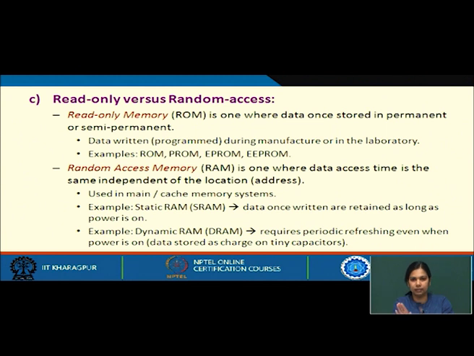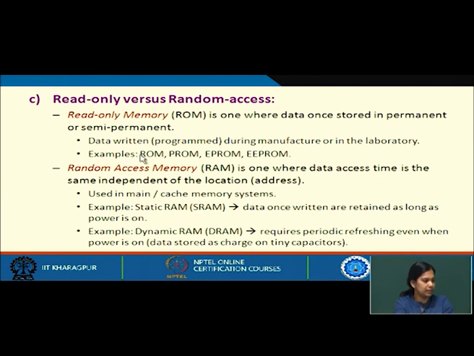Semi-permanent means we write into it, it remains, but if later we want to change it, we can still do it. It remains for a period of time, and if you want to change it, we can change it and then it will again remain.